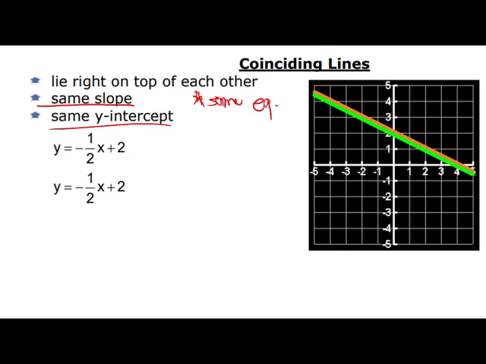Pwede nyo na rin sabihin same equation because, as you can see here, they are very identical to each other. So, identical ang slope, identical din ang y-intercept or your b. So, therefore, they are coinciding lines.